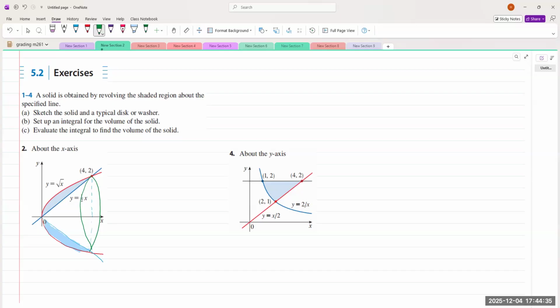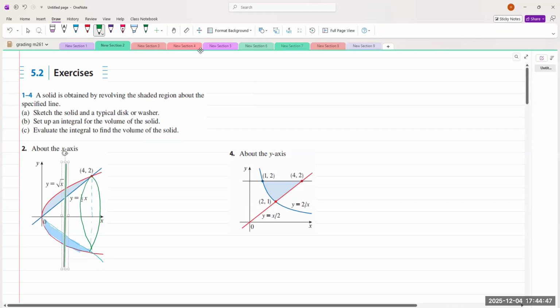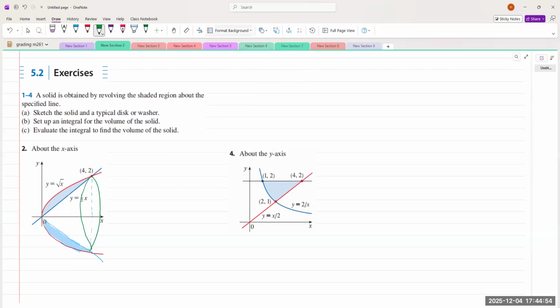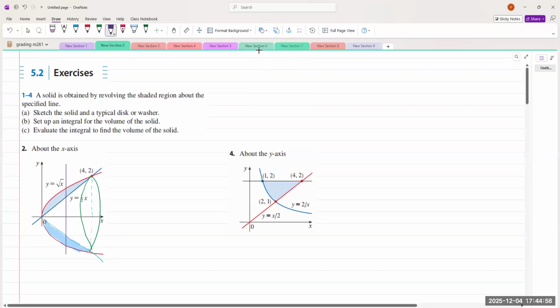Now the thing is, if we have a cross section about that solid, notice that the cross section is perpendicular to the axis of rotation.